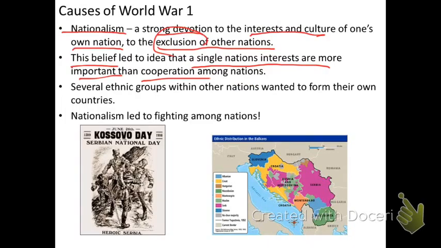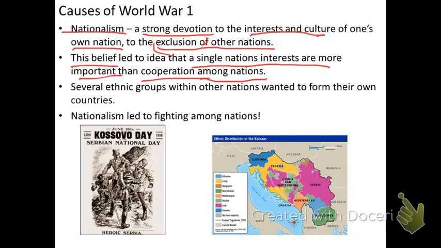So, there's nothing wrong with being nationalistic, nothing wrong with having pride, having a strong devotion. There's nothing wrong with that. Okay, let's stick with this one. Nothing wrong with having a strong devotion to the interest and culture of one's own nation. Nothing wrong with that. America is, in my opinion, the greatest nation ever on this earth.